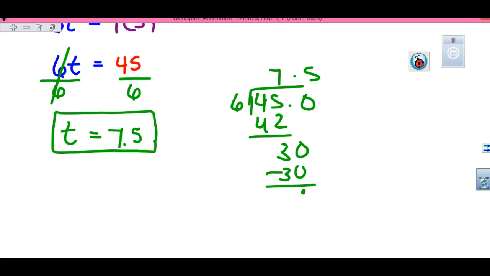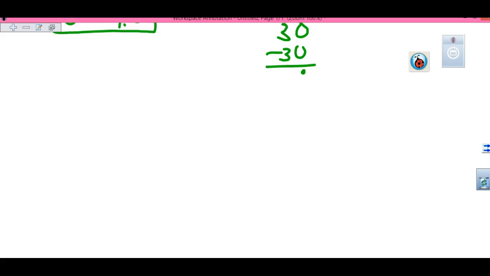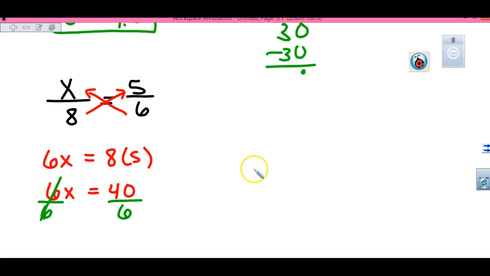Let's try another one. If we have x over 8 is equal to 5 over 6, we have to cross multiply. 6 times x is equal to 8 times 5. That means 6x is equal to 40. To solve for x, we divide by 6 on both sides.